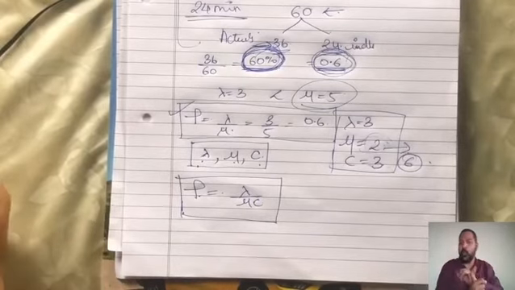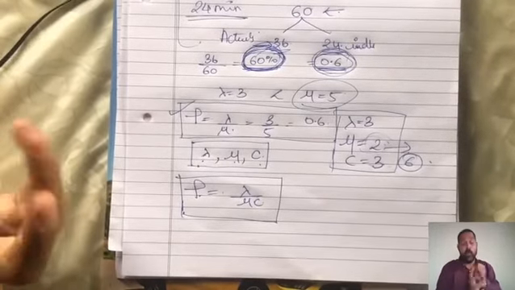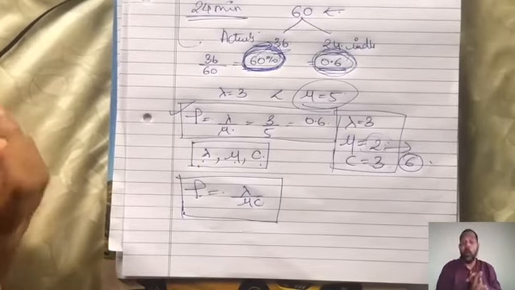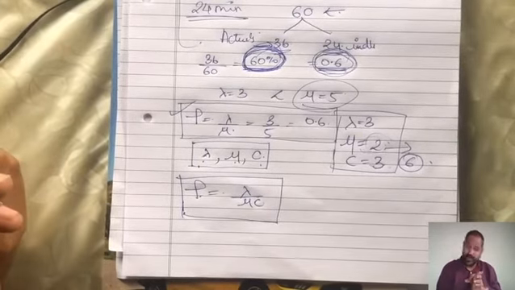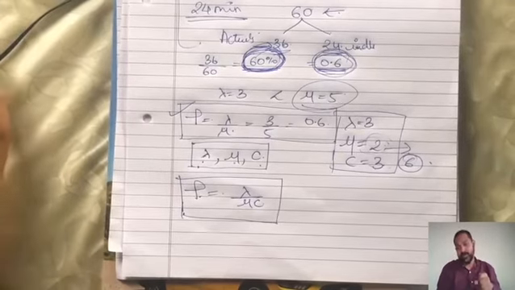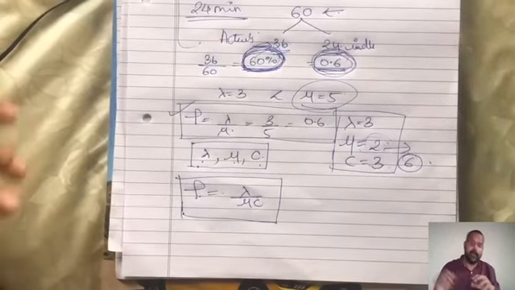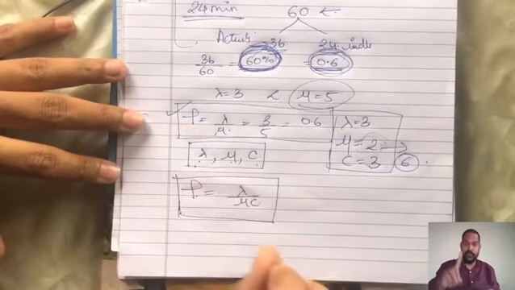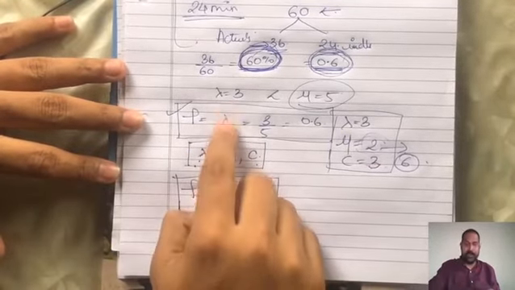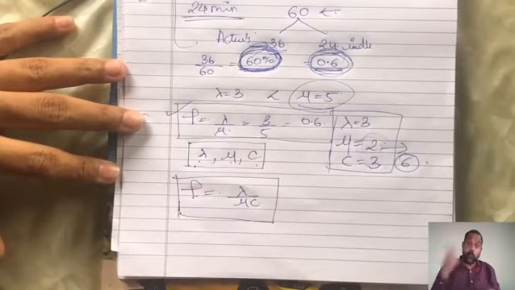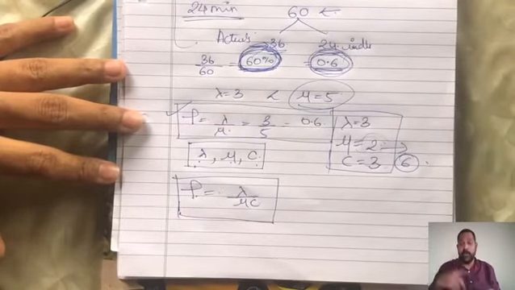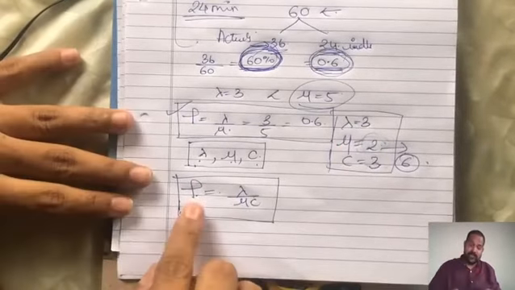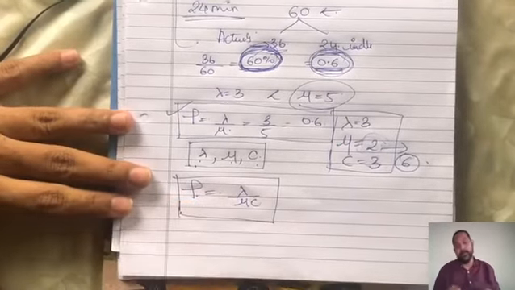I will tell you what the average length of a queue is, what the average number of people in the system is, how long on average it will take for you to stand in the queue, and how long it will take for you to take service and come out of the system. This value of rho, if there is only one server, is lambda upon mu. But if there are 2 servers or 3 servers providing you the service mu, then the service will double or triple, and that is why rho becomes lambda upon mu c.